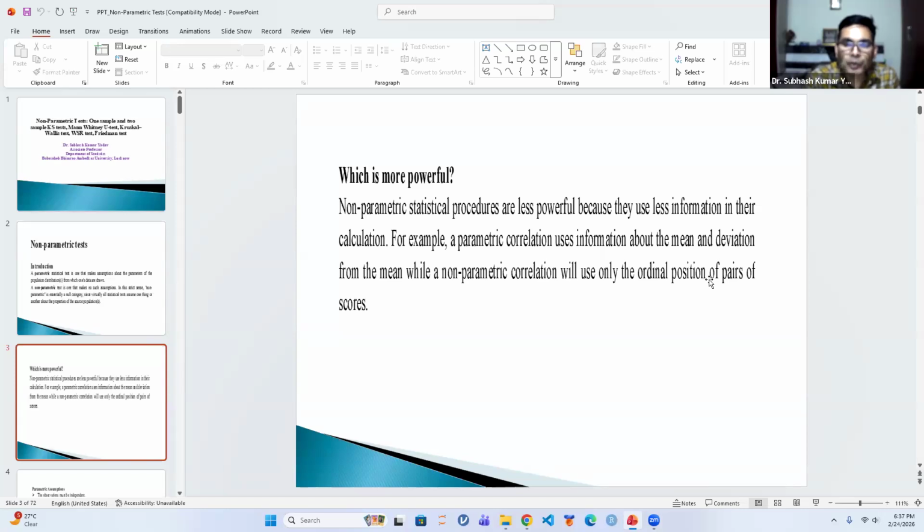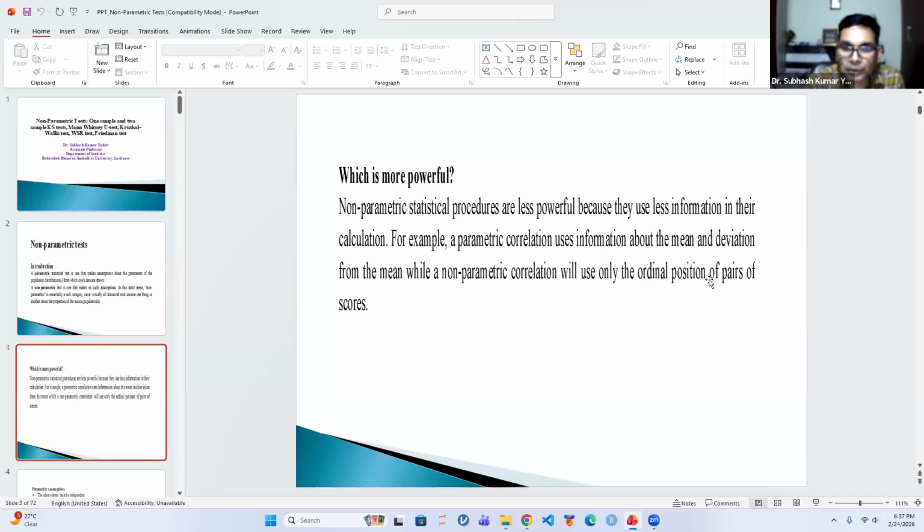Most of the time in non-parametric tests, we take the data in different categories. Since we are not using the actual data, we are using their ranks only, that is why we are not using the actual information. That is why it is not so powerful as the parametric tests are.